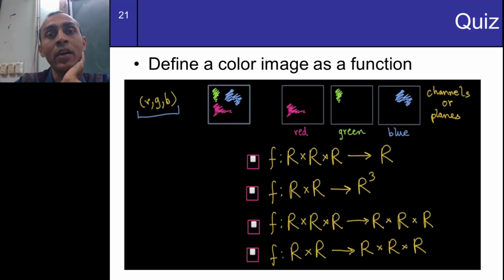If you are to write a color image in terms of a digital function, which of these notations are correct? Let us say there is a color image which has all three RGB components, made up of three channels. One is the red channel, another is green, and the third one is the blue channel. Which of these notations will be correct for denoting a color image?